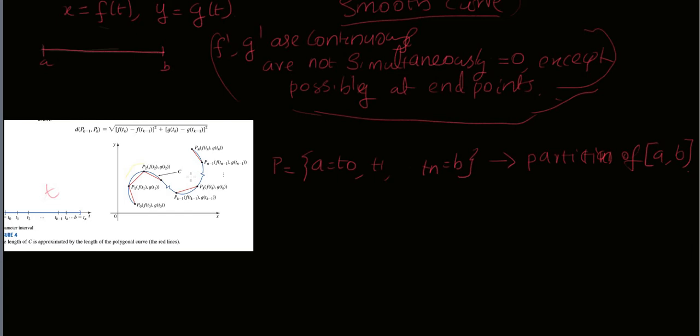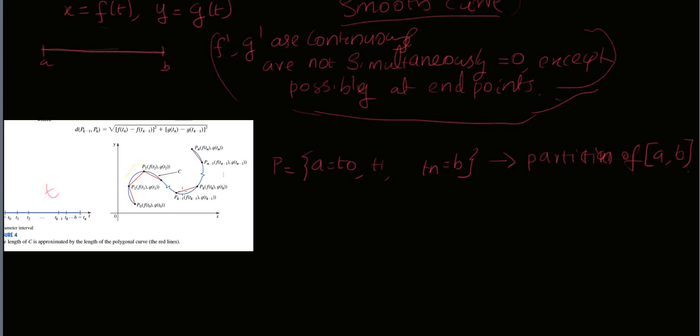These points are f of t0, g of t0, f of t1, g of t1, f of t2, g of t2, etc. This is the P(k minus 1) point and this is the P(k) point. In general, we will deal with Pk and P(k minus 1).